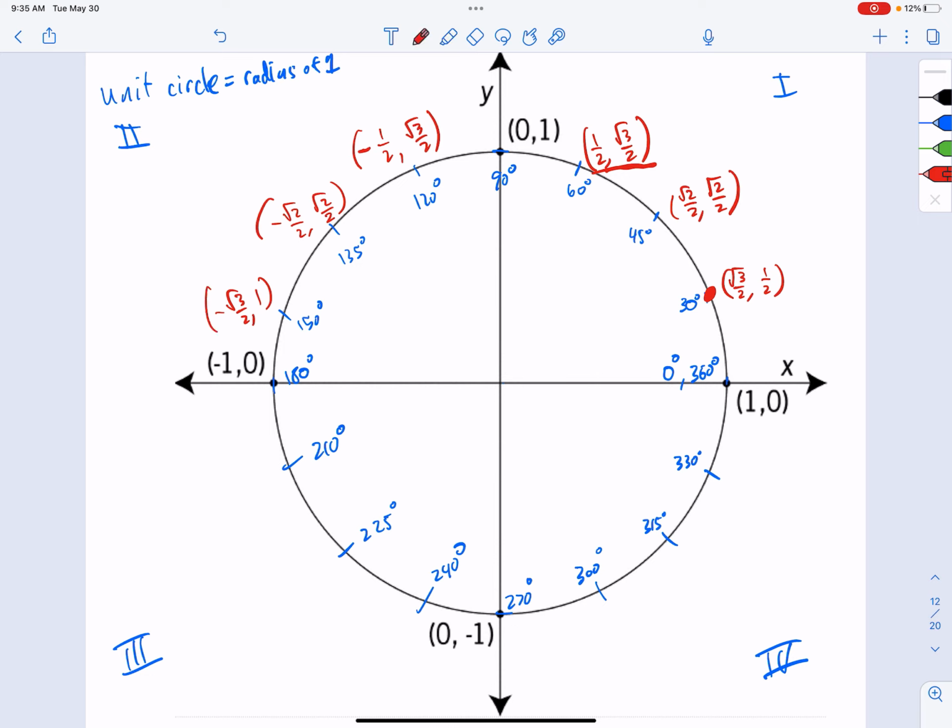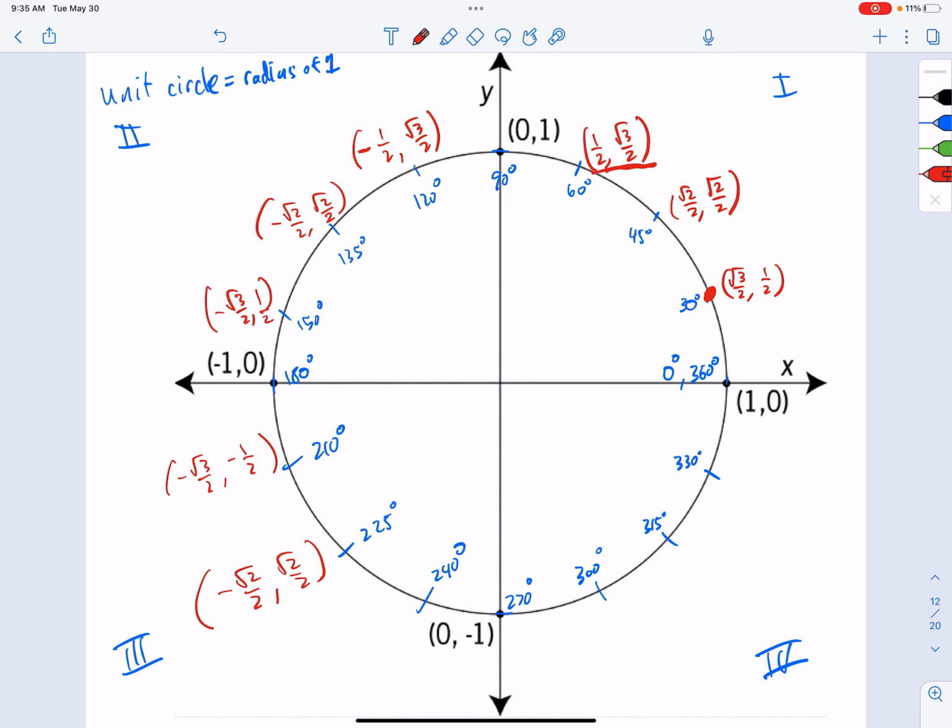All right, so at 210 degrees, down here, each of the coordinates are negative. So I'm going to have the same thing as what's at 150, but they're both negative now. So negative root 3 over 2, comma, negative 1/2. I have negative root 2 over 2, comma, negative root 2 over 2.